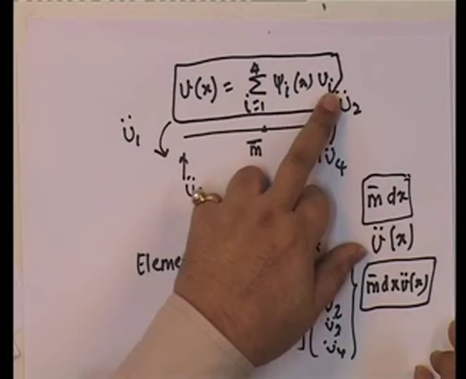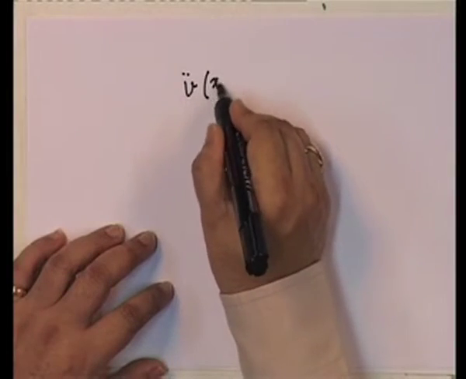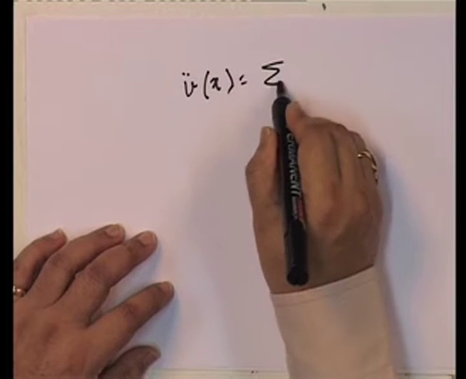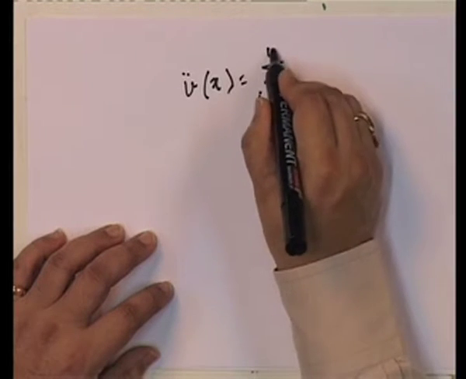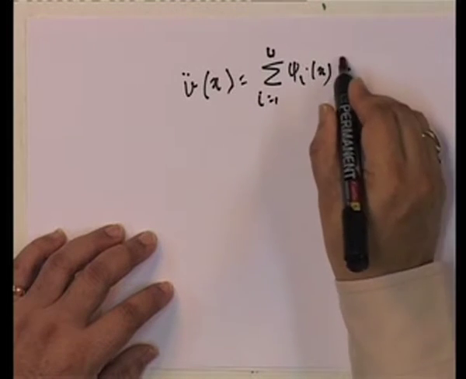This is what we used to develop the stiffness matrix. This is absolutely correct. But this is not the only way. One way of saying is, look, if this is true, then this is not a function of t. So, we can go ahead and say that V double dot of x is obviously equal to the summation, i equal to 1 to 4, of xi i of x into Vi double dot.